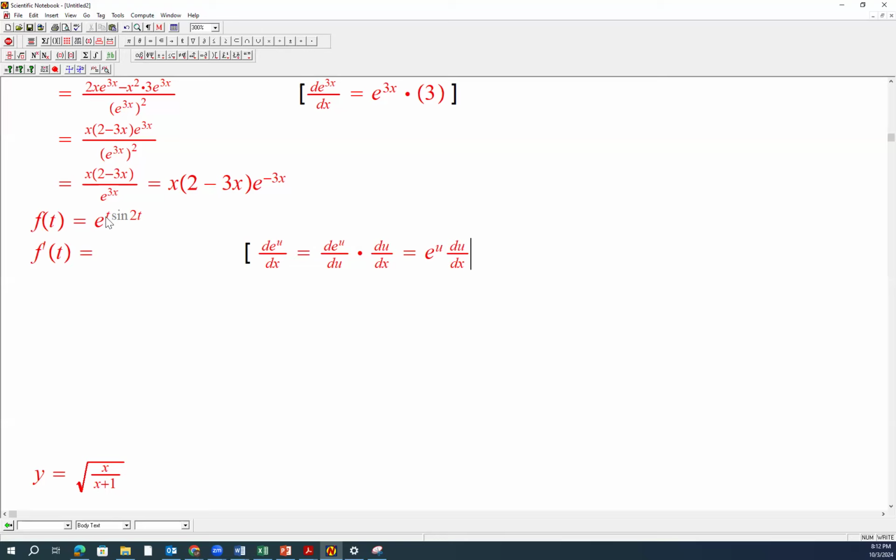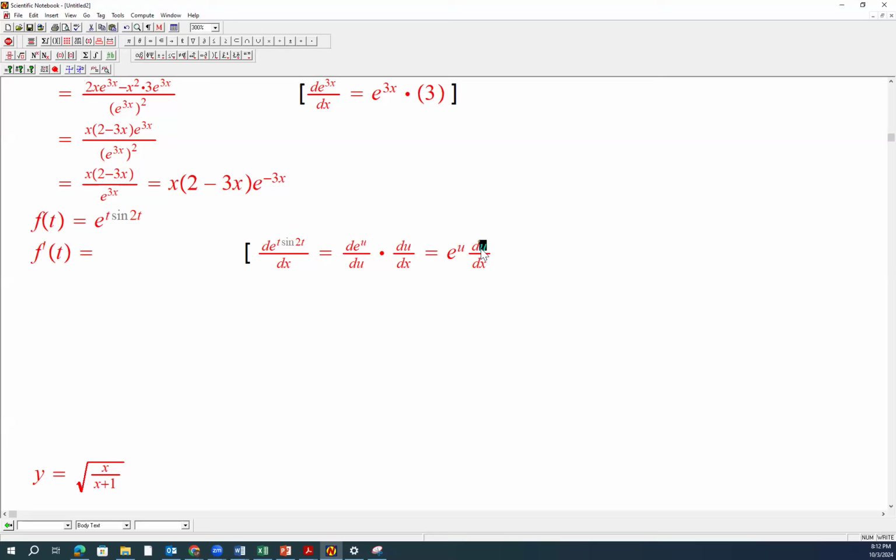So in our situation, the u is t times sine of 2t. Excuse me. So I'm going to assume that is u, right? That's my u. So my u is t times sine 2t.